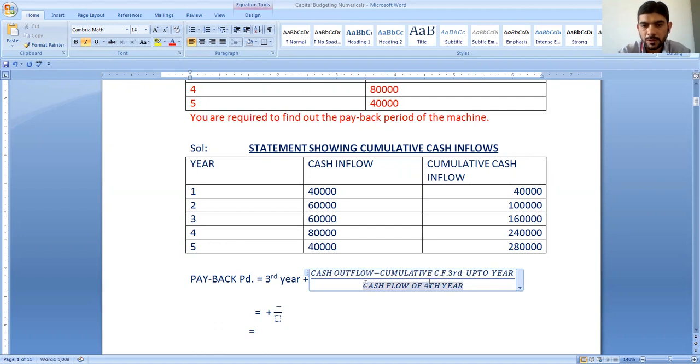Remember, here we are having cash flows, and in the numerator we are having cumulative value of cash flows up to third year. Now we will put 3 over here.